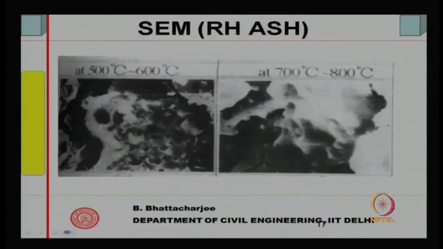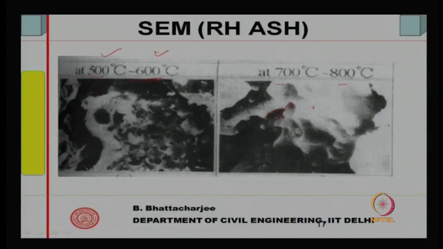Now, rice husk ash, if you see, turns out to be cellular in nature, there are cells. So, this is not a rounded shape anymore, but you can see the cell sort of structure, the cellular structure, that becomes visible, and that will depend upon at what temperature they have been burnt, 700 to 800 degrees centigrade, this is 500 to 600 degrees centigrade.